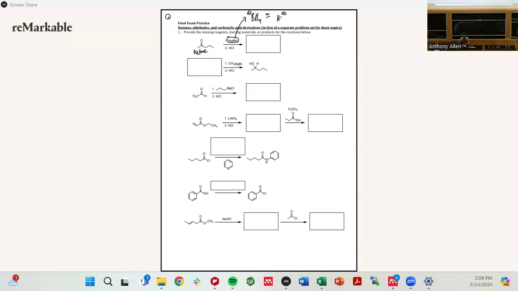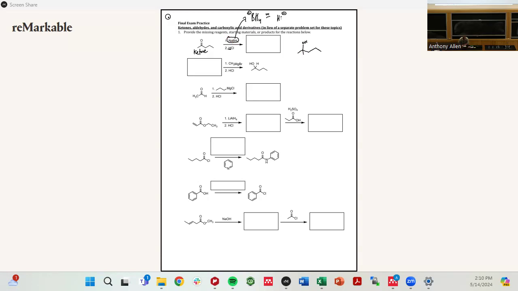H minus. And so if you wanted to template these answers almost, if you know a ketone is going to an alcohol, then you get rid of the carbonyl, put your O. This H and HCl ends up on the oxygen. And then whatever here is in the first step is what else gets added to the carbonyl carbon.